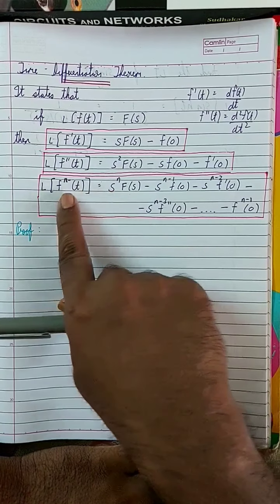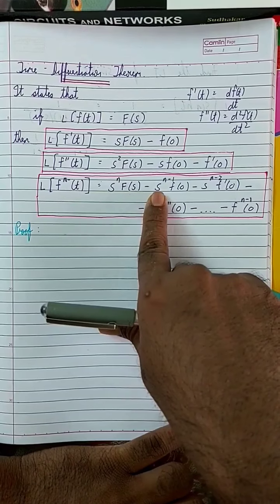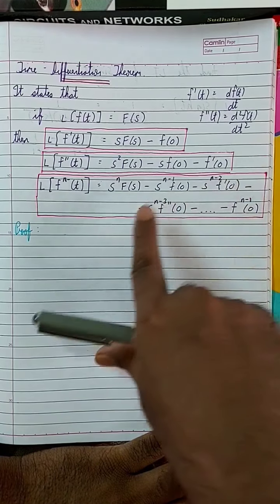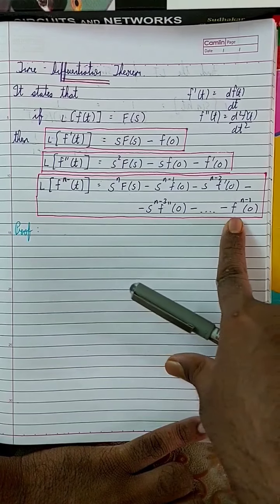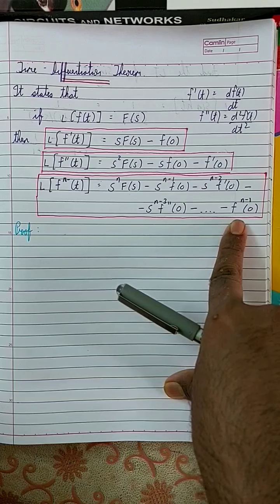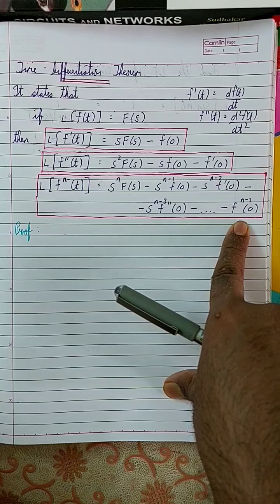In that case, this is equal to s raised to n f of s minus s raised to n minus 1 f of 0 minus s raised to n minus 2 f dash of 0 minus, and it goes on up to the last term, which will be minus f raised to n minus 1 of 0, where f raised to n minus 1 of 0 is the n minus 1th derivative of f of t at time t is equal to 0.